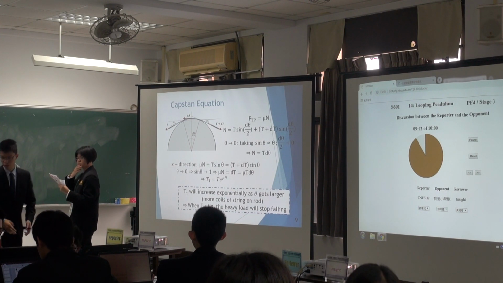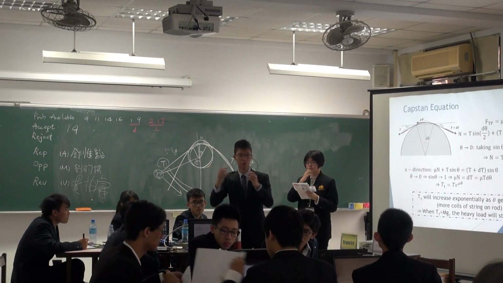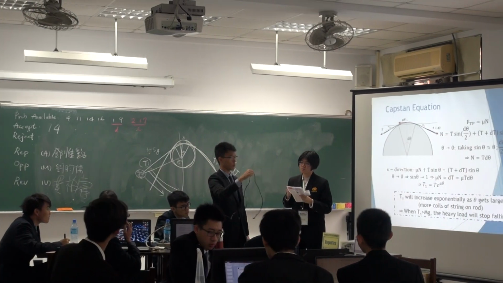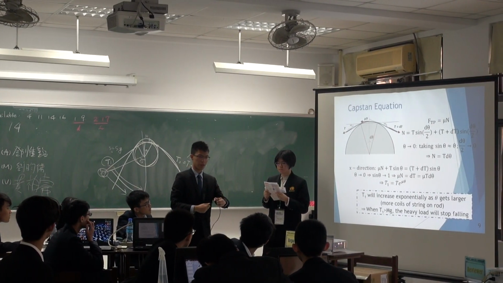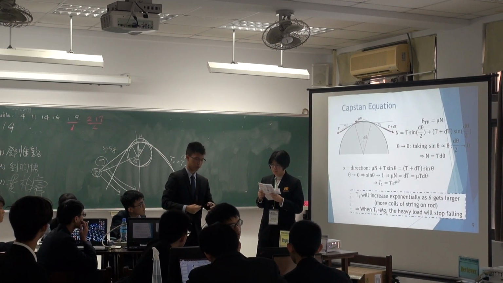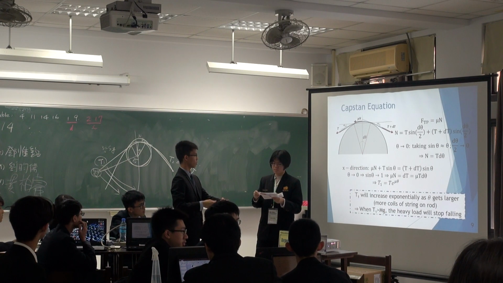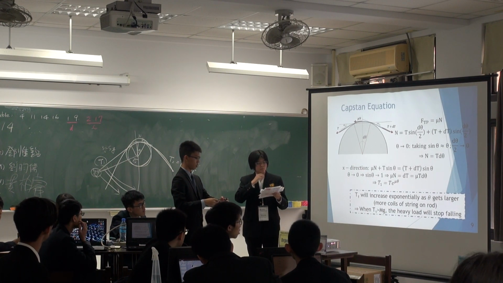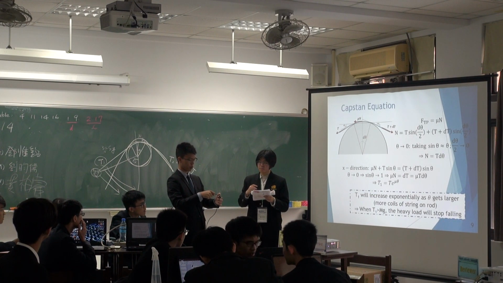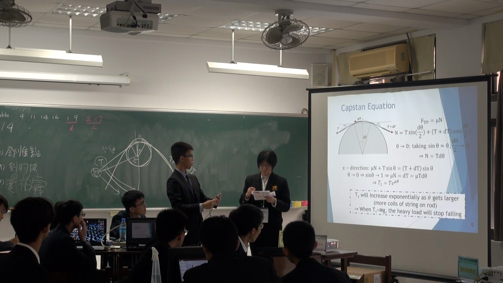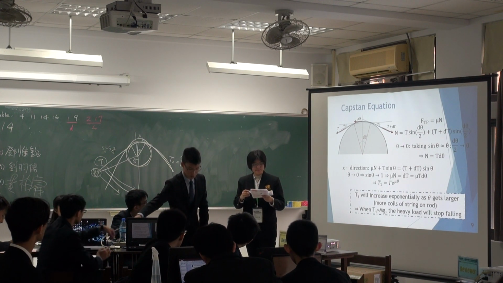For example, if we're using this as the cotton thread and using it this way, the friction would be absolutely different if we have 2 more rounds on it. With 2 more and 3 more, the friction will all be different with any single difference in the angle. So that is one of the considerations of our experiment.